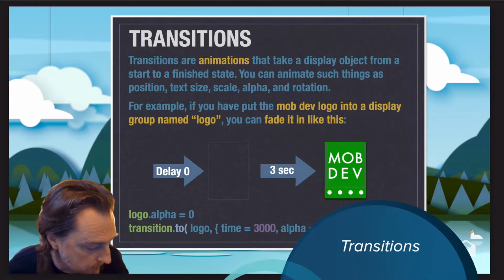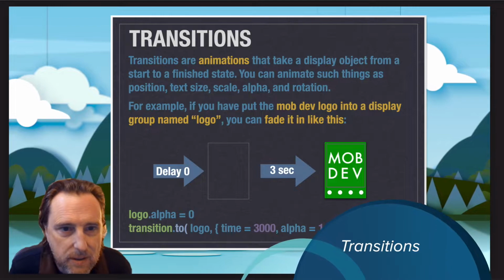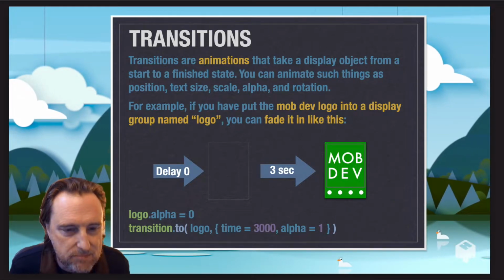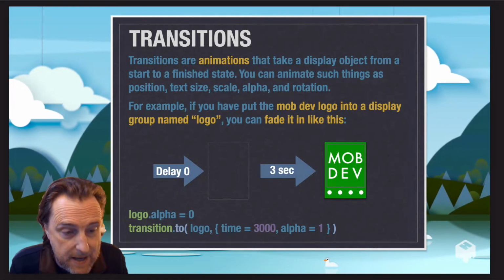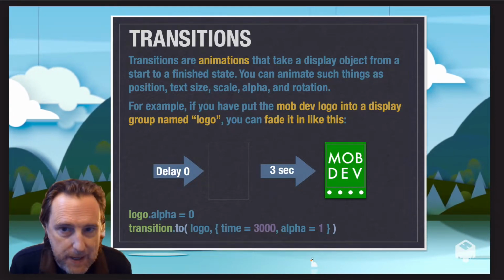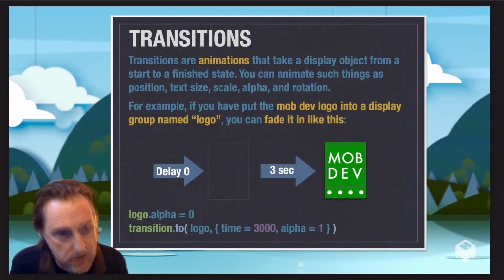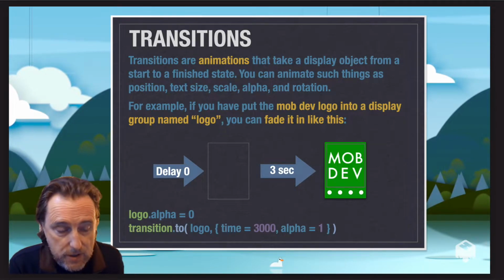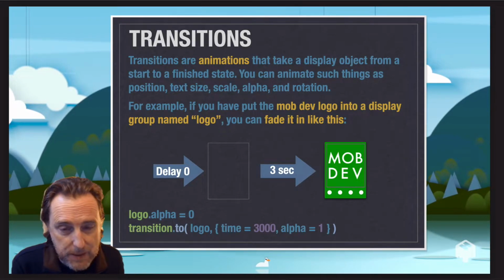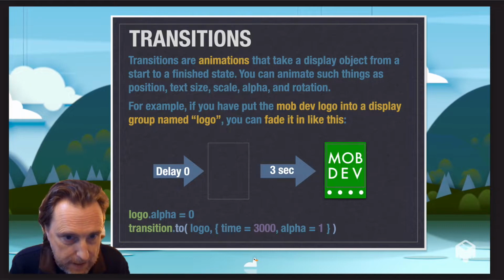So the other thing we're going to do today is transitions. A transition is essentially an animation that will take a display object or a widget and transition it from a starting state to an ending state over some period of time.